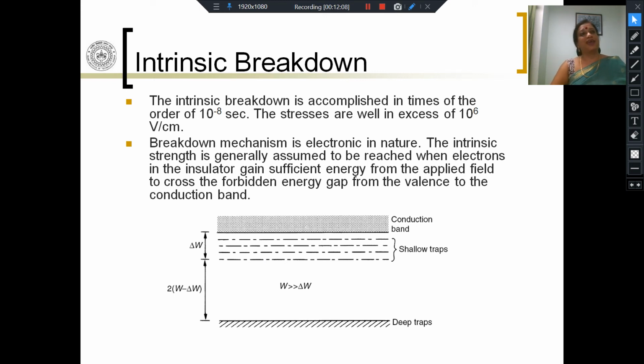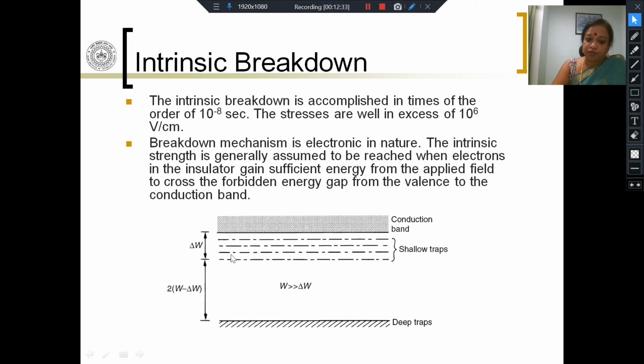So when electrons are present at these shallow traps, they are called trapped electrons. And if you provide sufficient energy such that electrons from the trapped levels can come out onto the conduction band, you can have enough electronic charge carriers which can ultimately lead to breakdown.